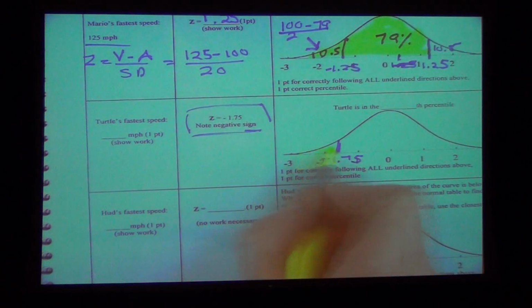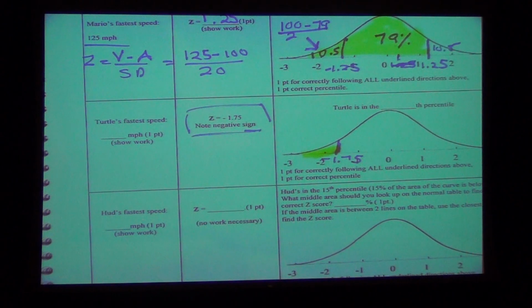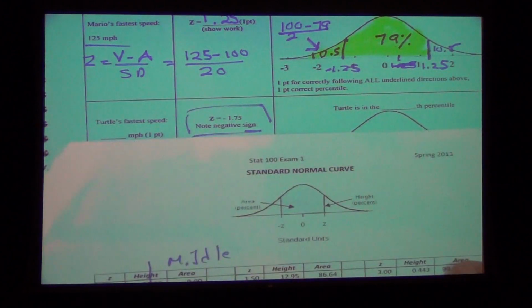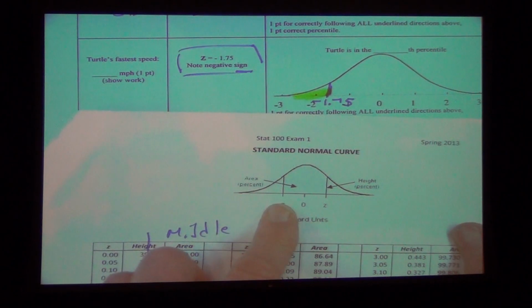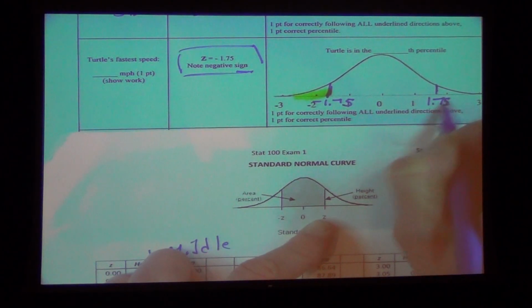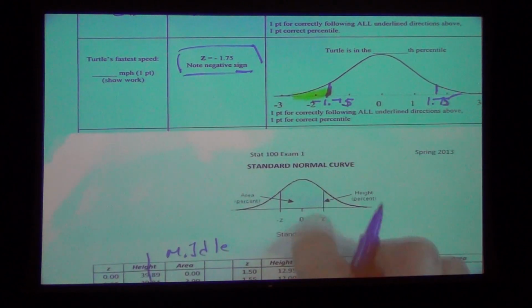What's this little area here? That's what we're trying to figure out. That area is his percentile. So, look here, and we have to get the middle area between negative 1.75 and 1.75. That's all this chart's going to give us, is the middle area right there.